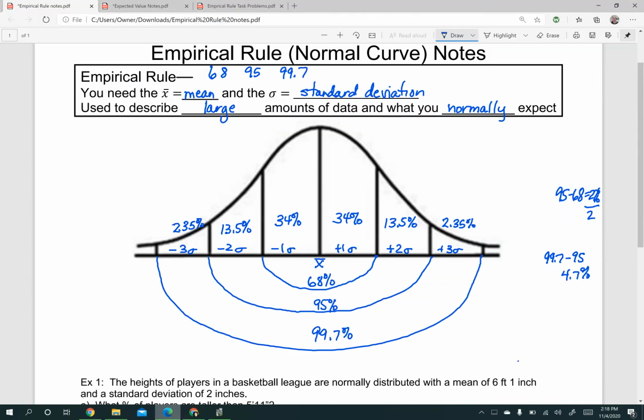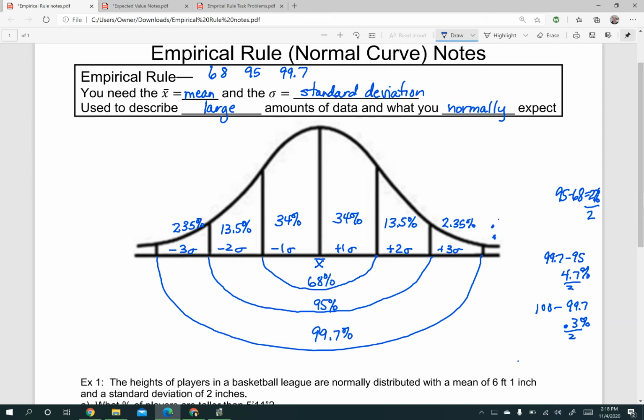So if we do the entire amount, that's obviously 100%. And when we do 100% minus the 99.7, that gives us 0.3%. When we divide that by 2, that gives us 0.15.